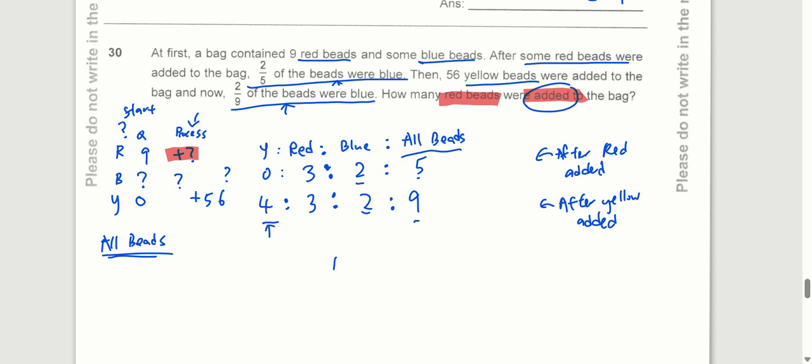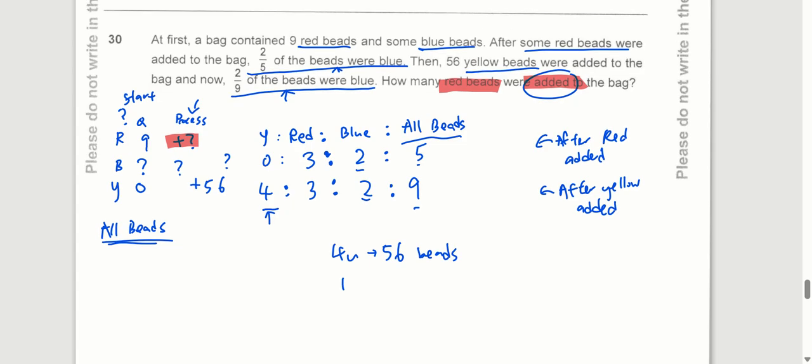So in that case, I can say 4 units equals to 56 bits, because that's what's added in. So which will mean that 1 unit is 56 divided by 4. There will be 14. So 1 unit is 14 bits.